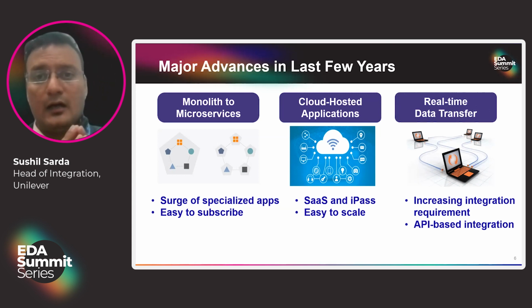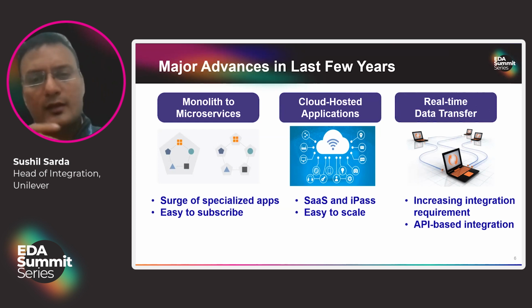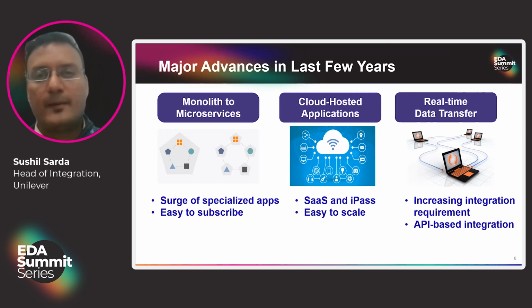But there is a need now that these applications need to be integrated. So the need of integration itself is increasing. All these applications also claim that they are offering their functionalities using APIs. So on-demand data, call their APIs and get the functionality done. So this change has led to increased complexity on integration, and that is where event-driven architectures are making much more sense than ever.